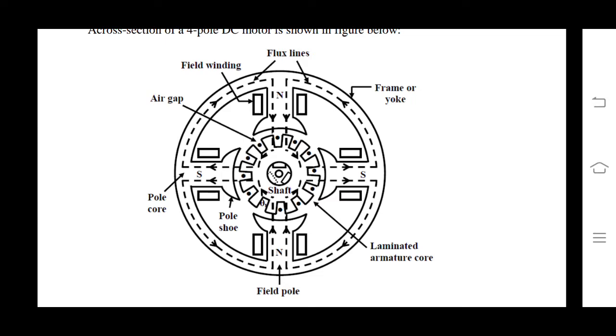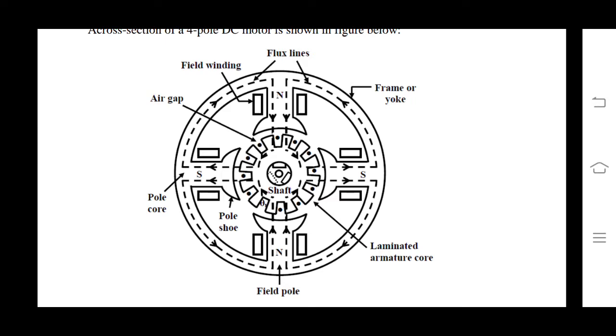We can see the flux lines. You can observe the 4 poles and 4 slots. Here are 4 poles, 2 north poles and 2 south poles. North poles are opposite, south poles are opposite.